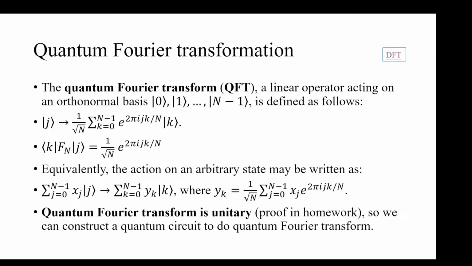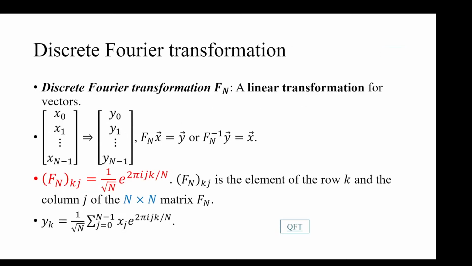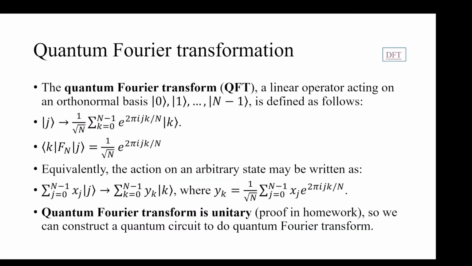So the jth element of the computational basis is j. So this is basically a vector with only xj equal to 1. If you only have xj equal to 1, then each yk will be e to the 2 pi jk over n, times 1 over square root n.